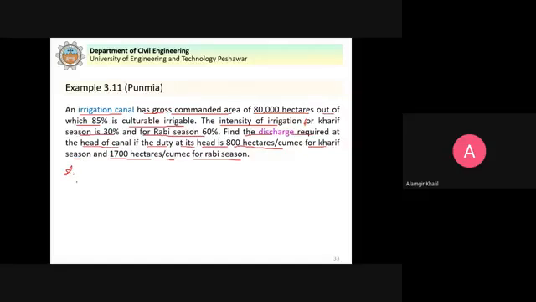Now in this case, the gross commanded area is 80,000 hectares, out of which 85% is cultivable irrigable.